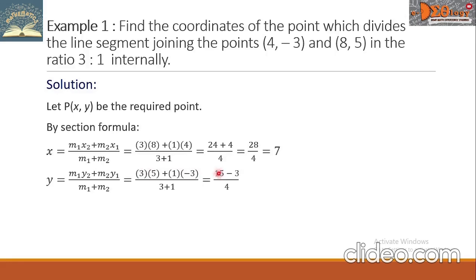The numerator is simplified as 15 minus 3 all over the denominator 4. In the numerator, the difference is 12 divided by the denominator 4, and the quotient is 3. Therefore, the point 7, 3 is the required point.